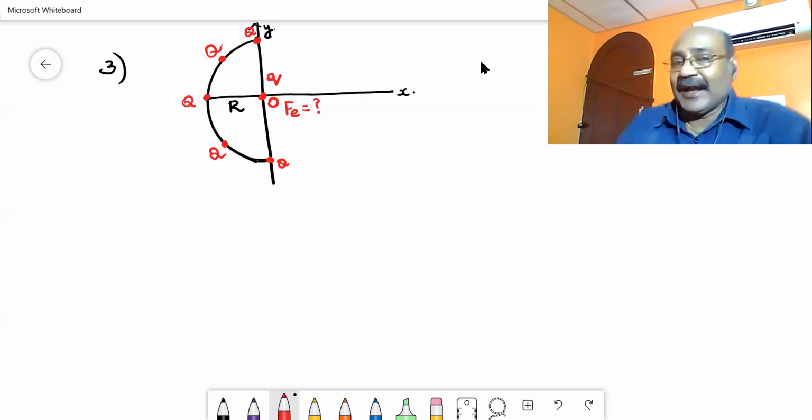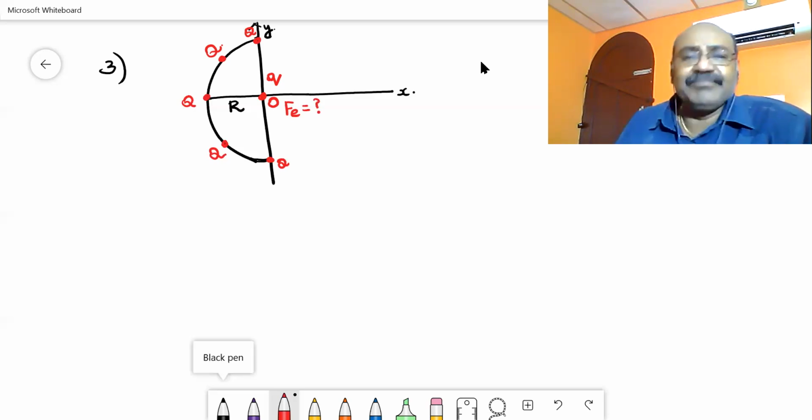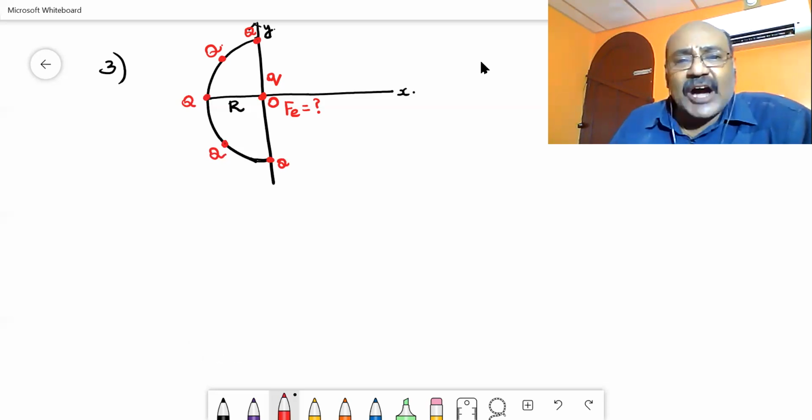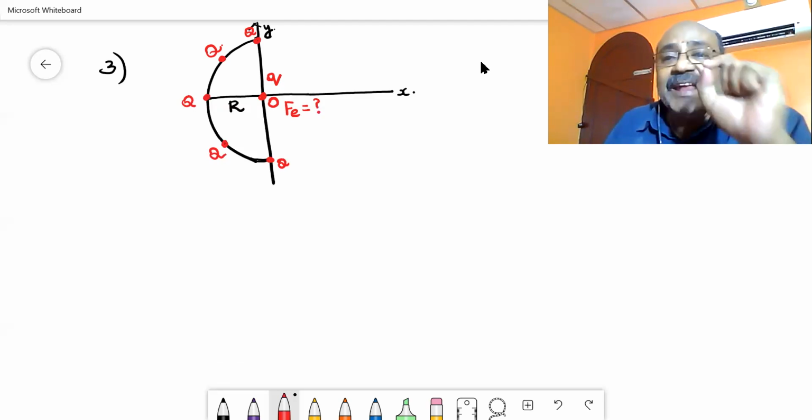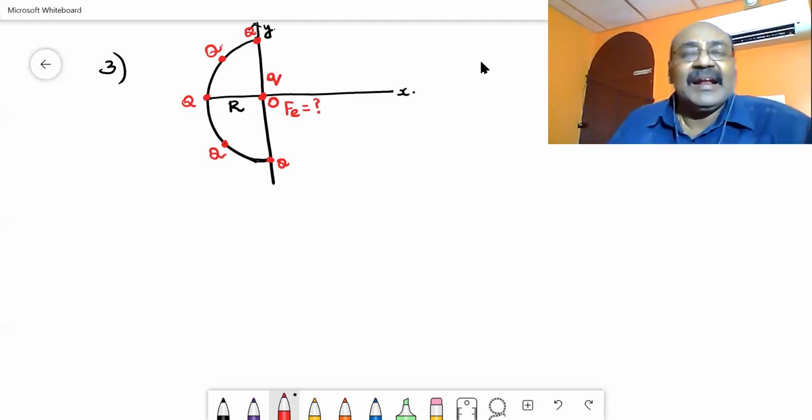So how to calculate this? Let us consider this diagram. When you take this diagram, the charge small q at this point O is experiencing 5 forces on it. Let us take the positions like this.